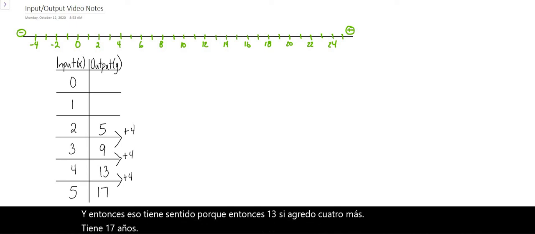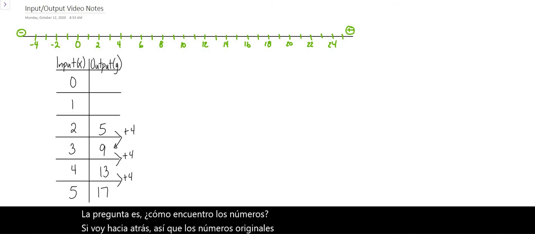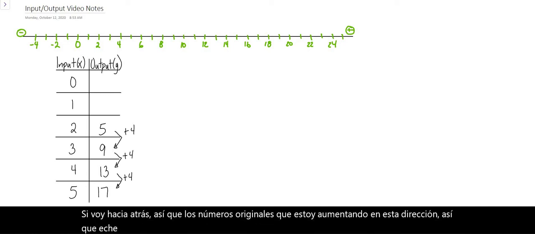Now the question is, how do I find the numbers if I'm going backwards? So the original numbers, I am increasing in this direction. So take a look at the arrowhead. But technically, if I go the other way, I'm going backwards.